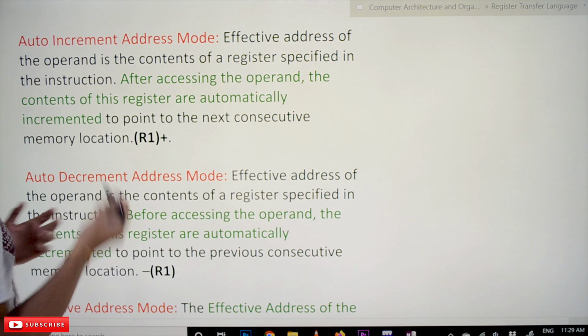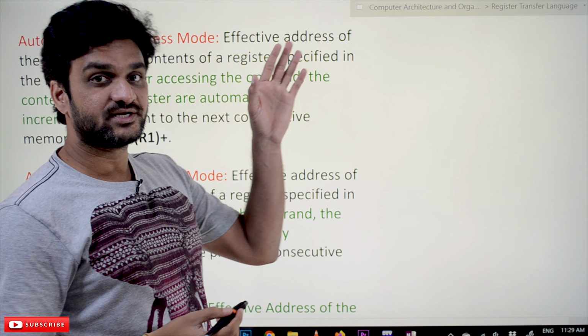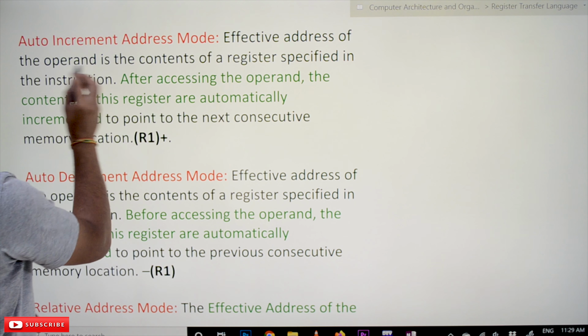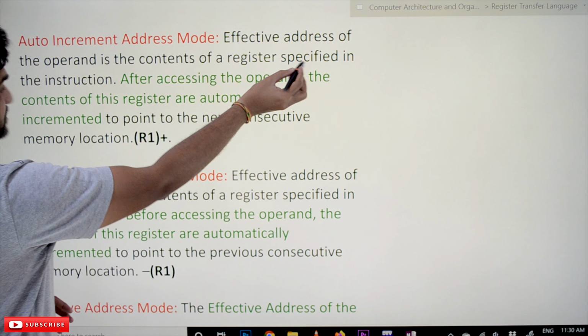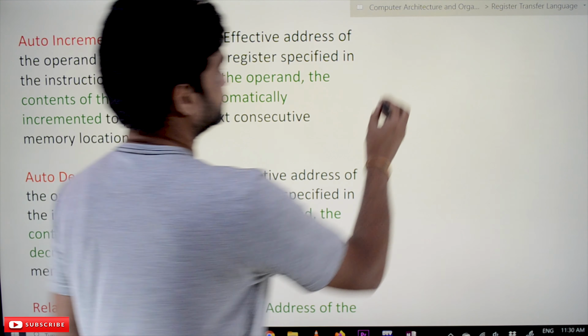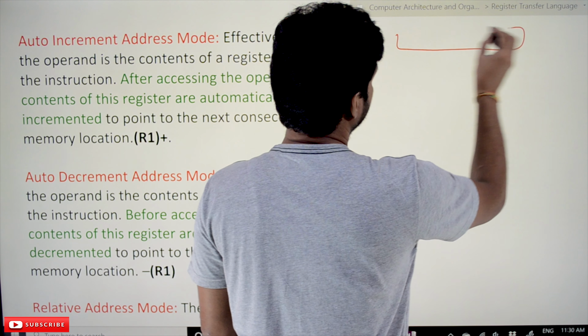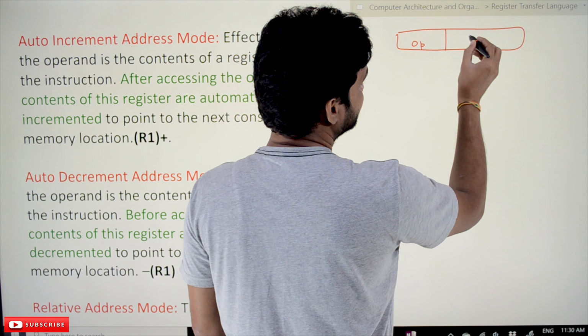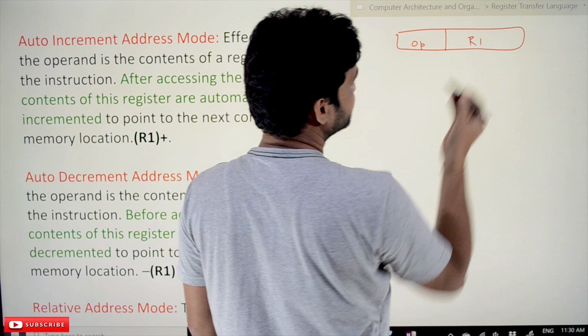It is same as that of register indirect address mode. The effective address of the operand is the contents of the register specified in the instruction. The instruction has an opcode, and here we are going to provide the register number.